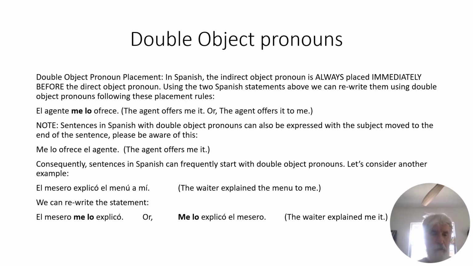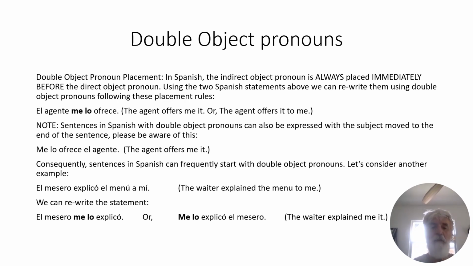Now, let's look at double object pronoun placement. It's the same. They're going to be placed immediately before the conjugated verb. Okay, in English, they go after the verb. So let's take a look. So double object pronoun placement.